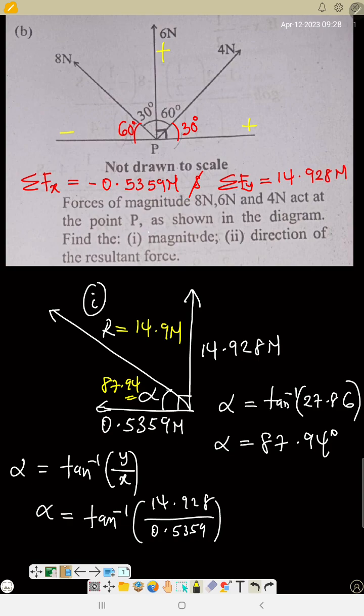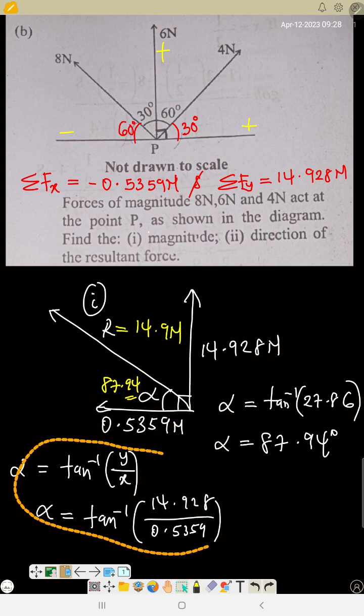That is the angle which the resultant makes with the horizontal. That is alpha. If you take this as the answer, then that will be the angle which the resultant makes with the horizontal. So that is your alpha.